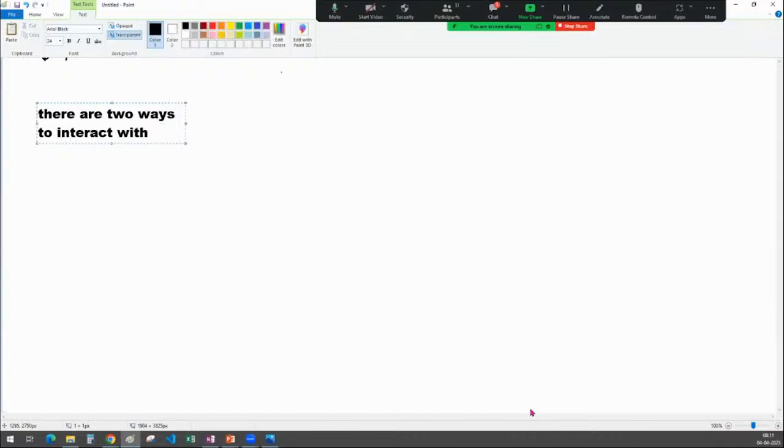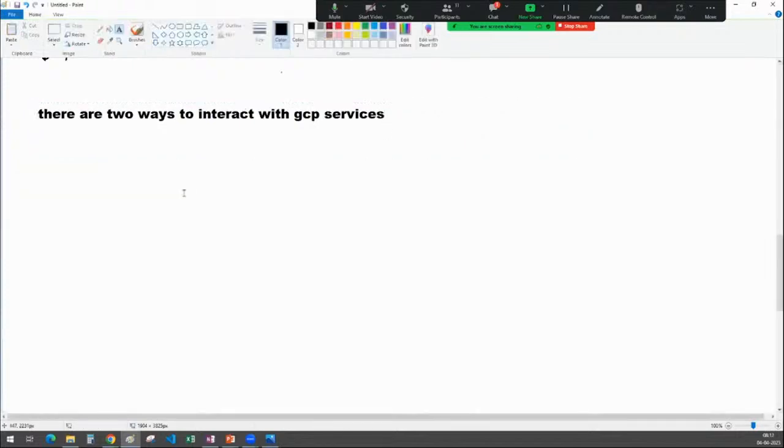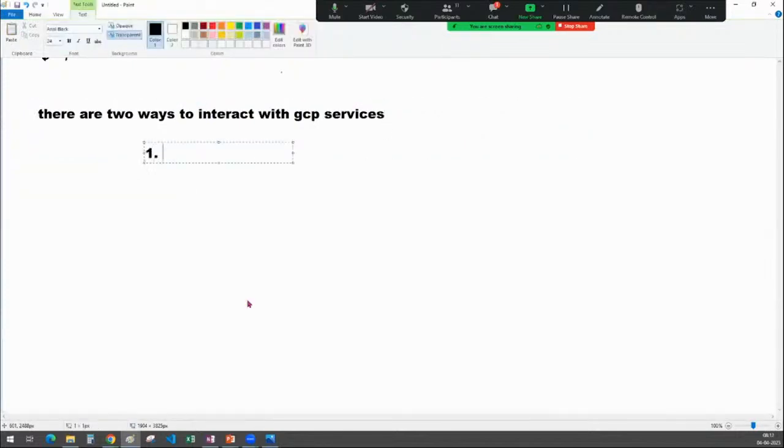I don't know how other people say it, but in my classes I will say there are two ways if you want to interact with GCP services. One is UI, and the other is code. UI is nothing but the console. Code is nothing but Cloud Shell or Cloud SDK.